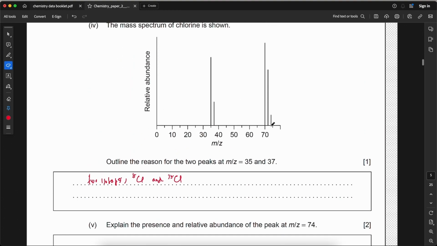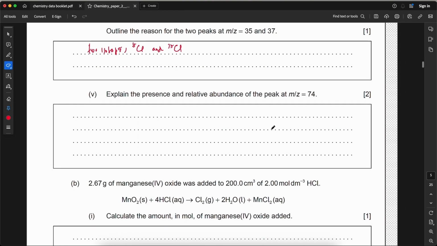So this one at 74 here. 74, you can get it by 2 times 37. It means it has 2 Cl37, because you know Cl, it's not one atom, it should be a molecule.